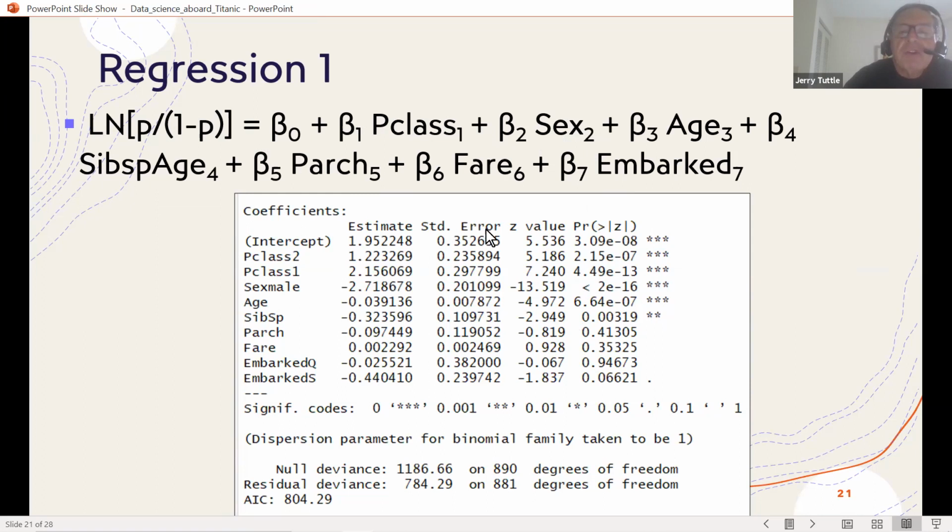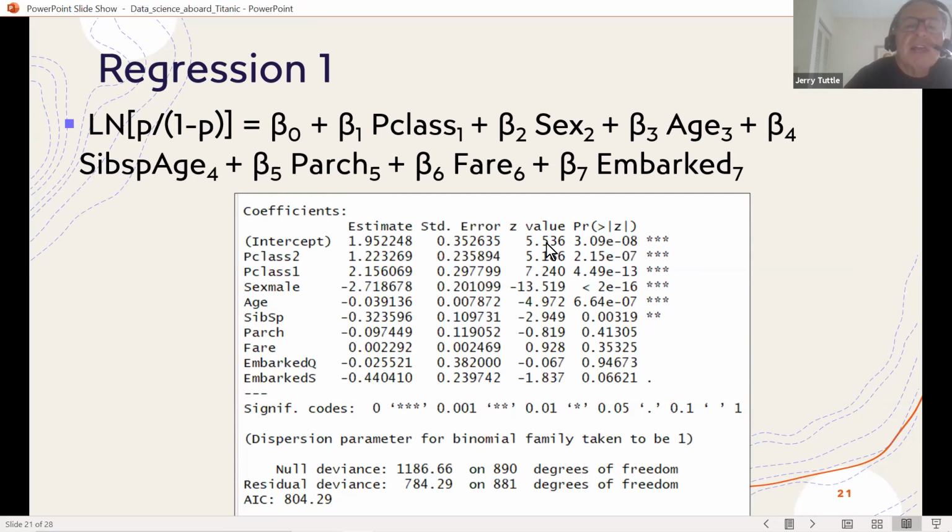This is sort of, I think, the standard output of a regression model, although in logistic regression, the columns have a slightly different meaning. This is the coefficient estimate. This is the standard error of the estimate, which relates to the variability of the estimate.